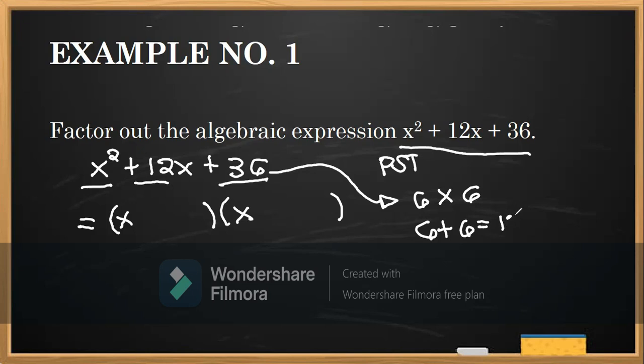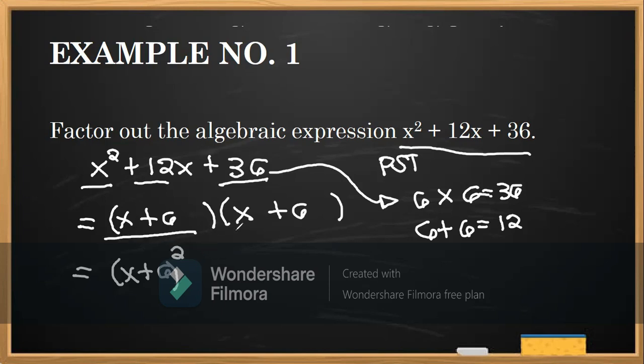So this is (x plus 6)(x plus 6), or we can simplify this into (x plus 6) squared, because since they have the same factors, to make it shorter we write it as an exponent. So that's (x plus 6) squared, which is our answer for this example.